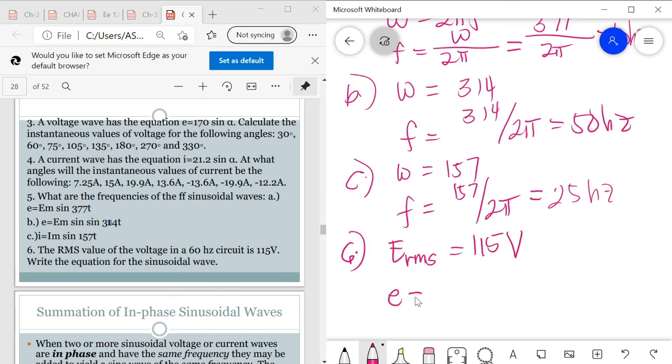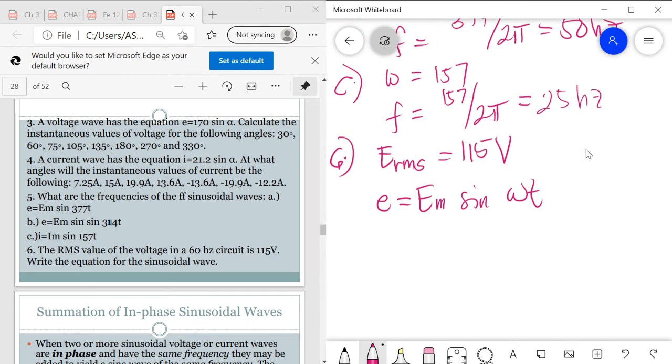Our equation is e is equal to Em sine omega t. So, we need the Em. We will multiply our RMS by square root of 2 to get the maximum voltage. So, Em is equal to 115 times square root of 2.